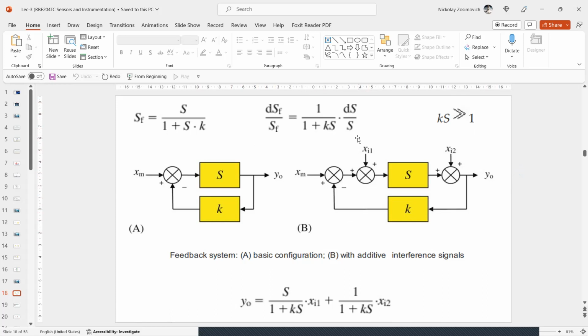In an appropriate feedback system design, this holds when KS is much higher than 1. In this case, the relative error in the forward path is reduced by a factor equal to the loop gain. Loop gain is S times K of our system. The penalty for this improvement is the reduction of the overall sensitivity by the same factor.